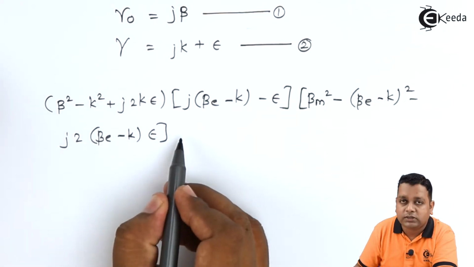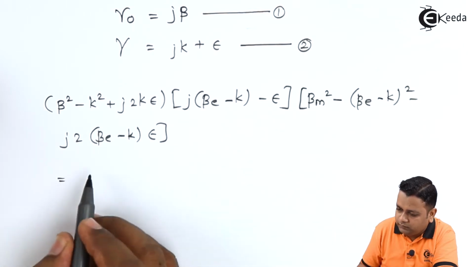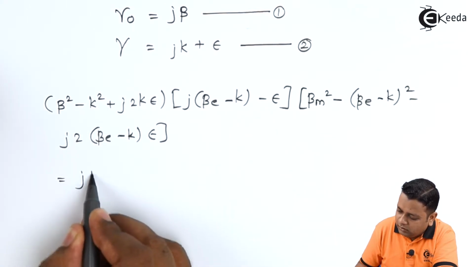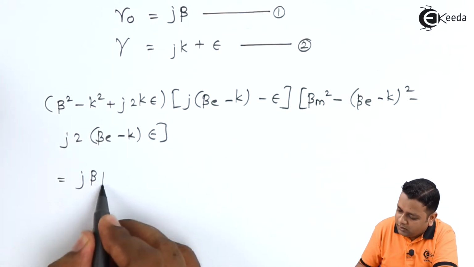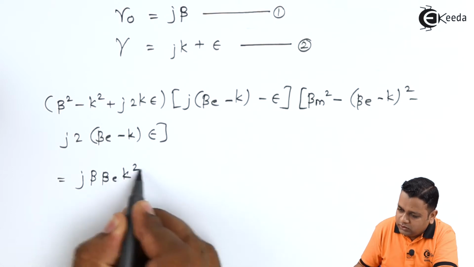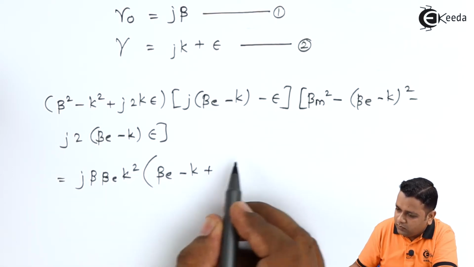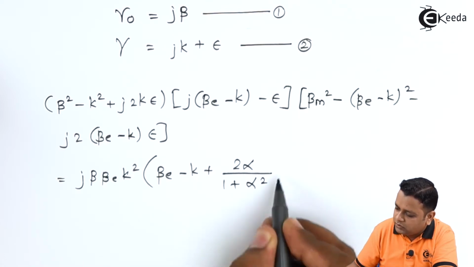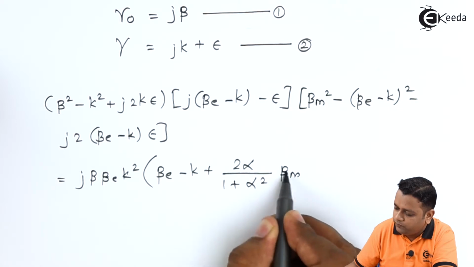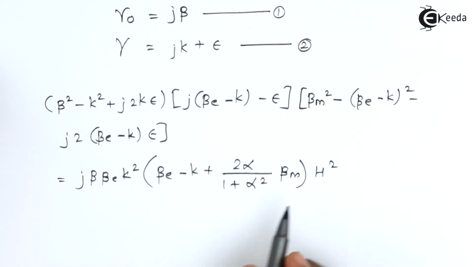This is the left hand side, and the right hand side is given as j times the phase shift constant beta into beta suffix e, k squared in the bracket beta suffix e minus k, added with 2 alpha divided by 1 plus alpha squared into beta suffix m, and finally h squared.